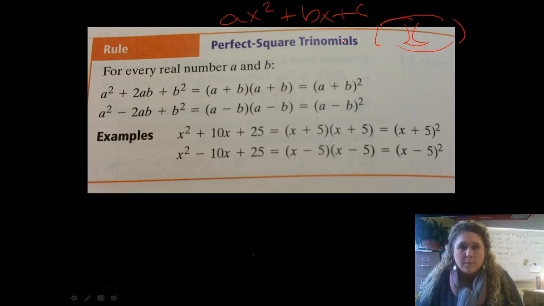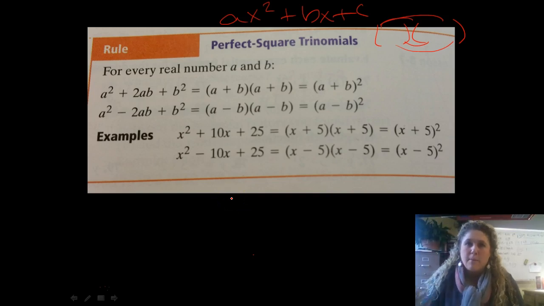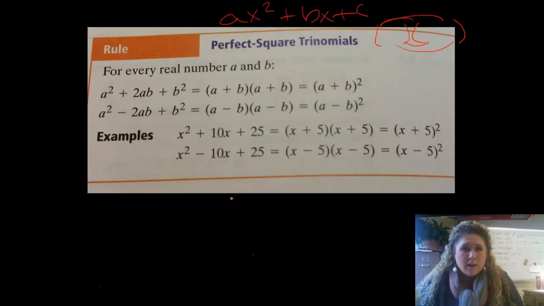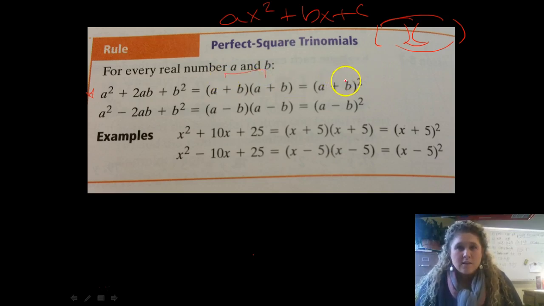Today we're looking at special cases where we can take a shortcut and know which factor is created by the trinomial. When you are given something, which we have already talked about in previous sections, in the form a squared plus 2ab plus b squared, we know this is what the factor looks like, and this is how we can write it.